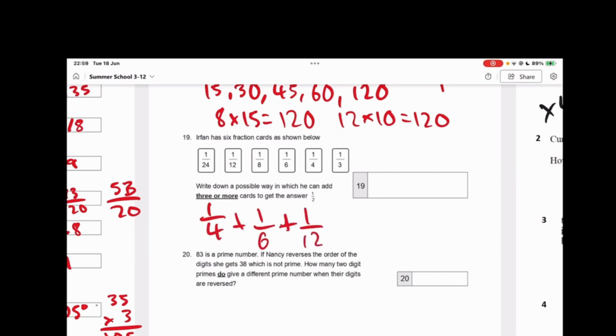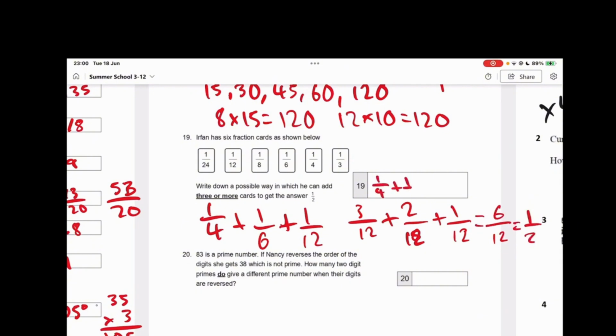That could work. Yeah, because that's like doing 3 twelfths plus 2 twelfths plus 1 twelfth, and that's 6 twelfths, which is a half. Okay, so that's the answer: 1 over 4 plus 1 over 6 plus 1 over 12.